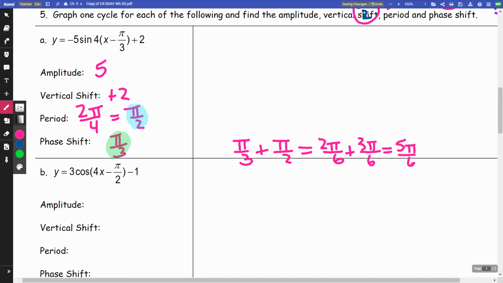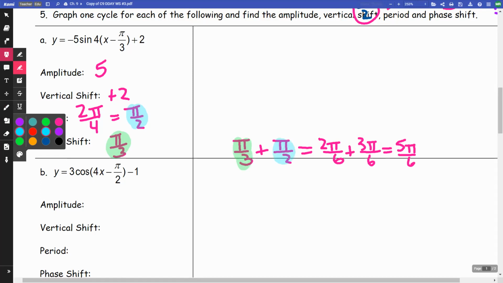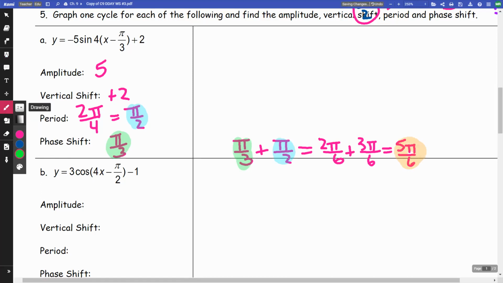So again, this is my start. This is my period. That's how long the cycle is. And I'm going to end at 5 pi 6.